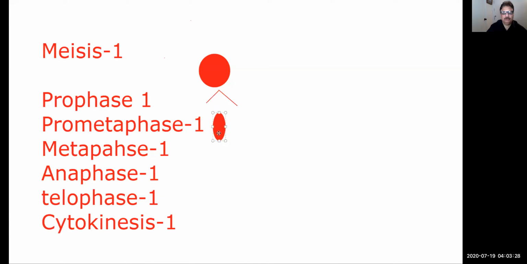These two cells which are formed out of meiosis 1 will have half the chromosomes. So if the parent cell had, let's say, 46 chromosomes, then the daughter cells will have 23.